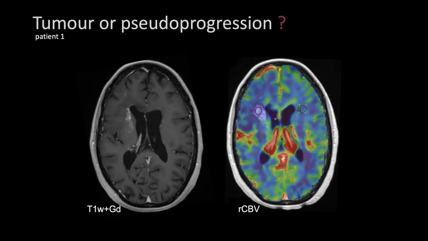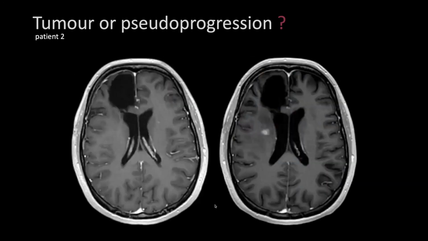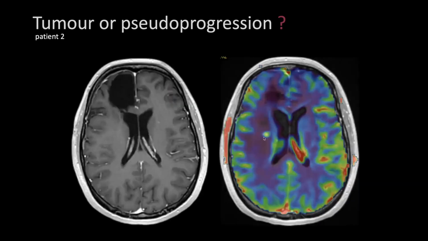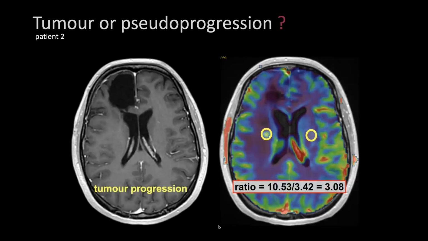And in this case, we can see that the perfusion is very low. We don't use absolute values, but we calculate a ratio compared to the contralateral white matter. This was a case of pseudoprogression, whereas the other patient had a region of this lesion with high perfusion, and this was in fact tumor progression.